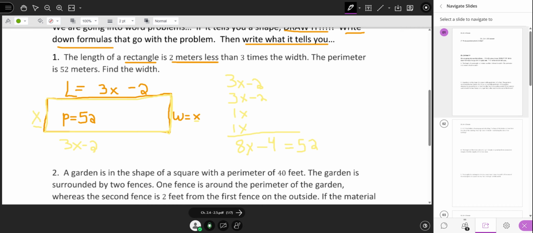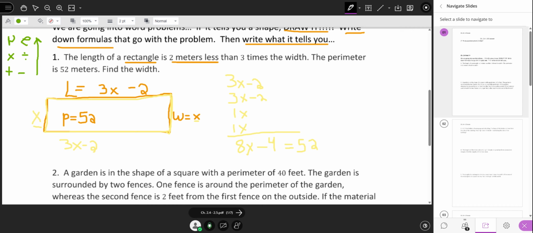So now I'm going to come up here. So remember the opposite of the order of operations. So parentheses or exponents, multiply or divide, add or subtract, going up the order.